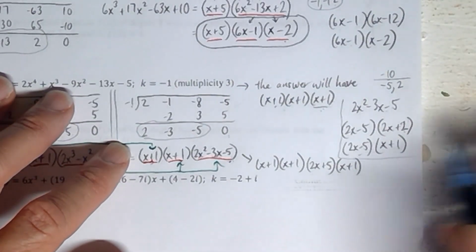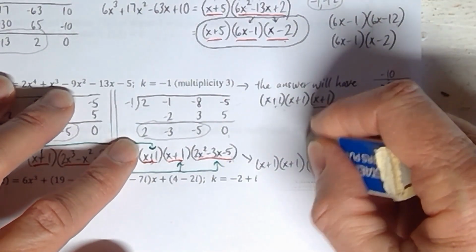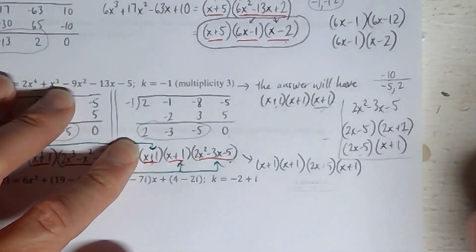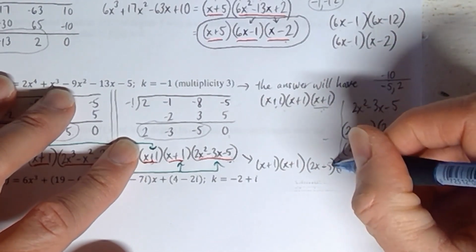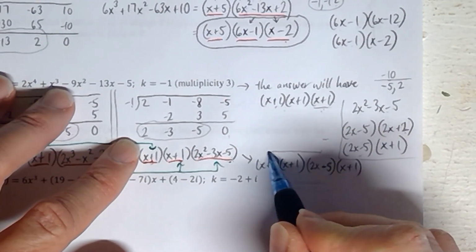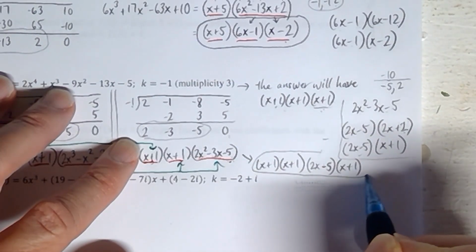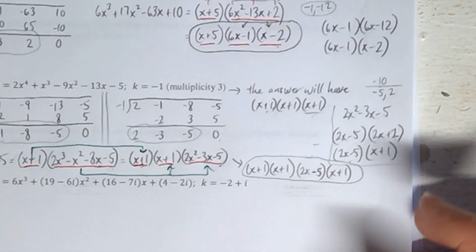I'm just taking it right off of here. I'm sorry, I messed up there. I meant to say 2x minus 5. Okay, I'm just looking right up here and rewriting it down here. So we have a total of what? We have a total of 4 linear factors, but the important thing is that they are all linear factors. All right, that's what they asked for.